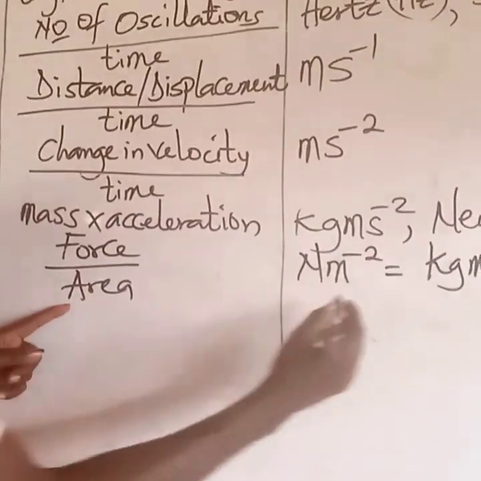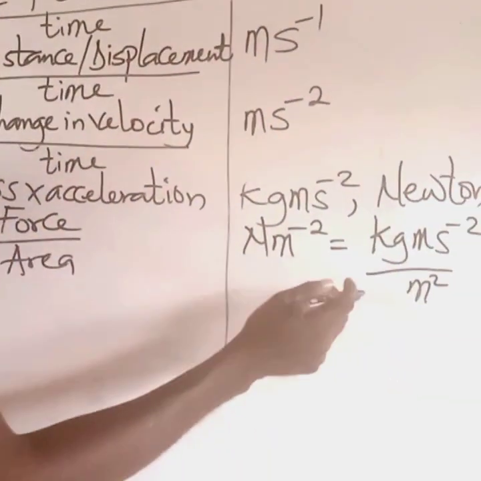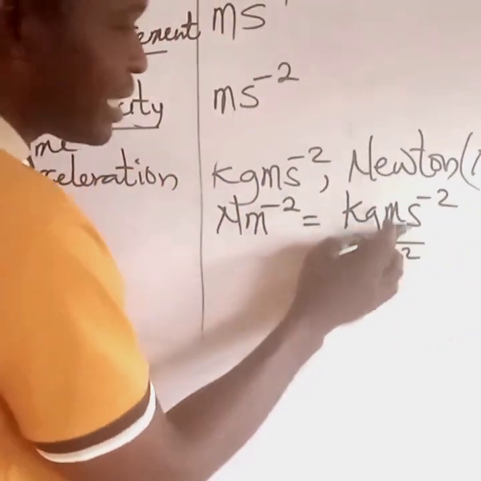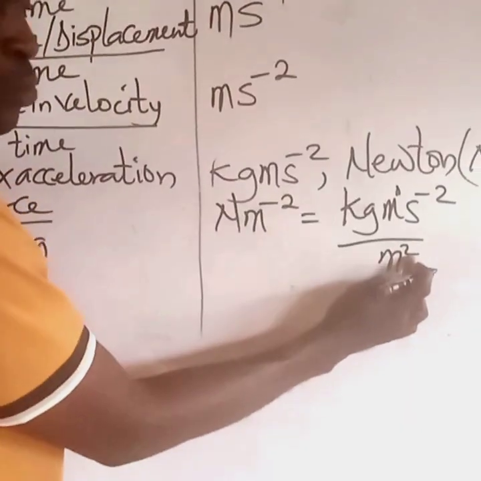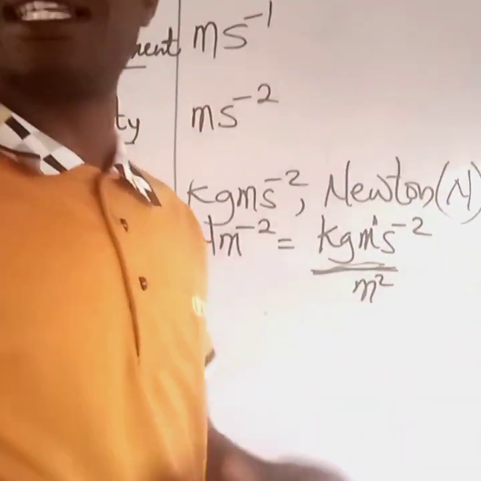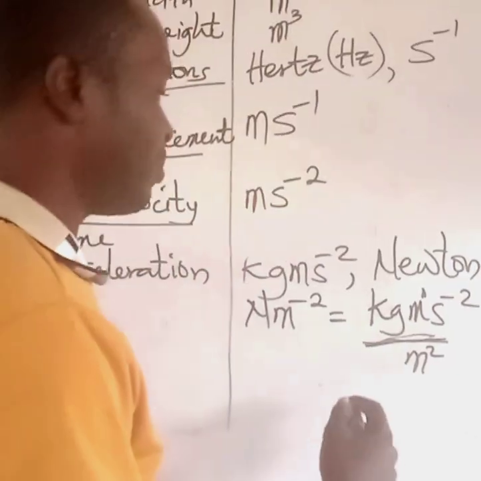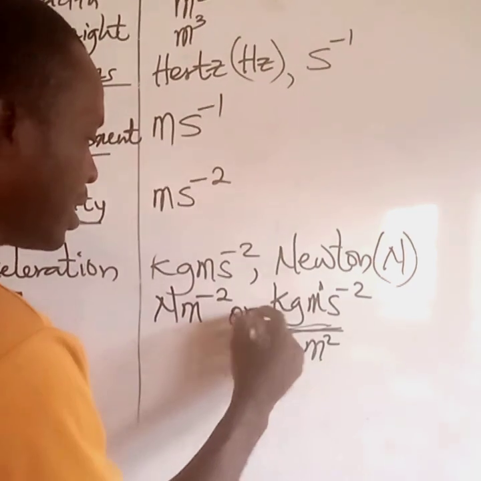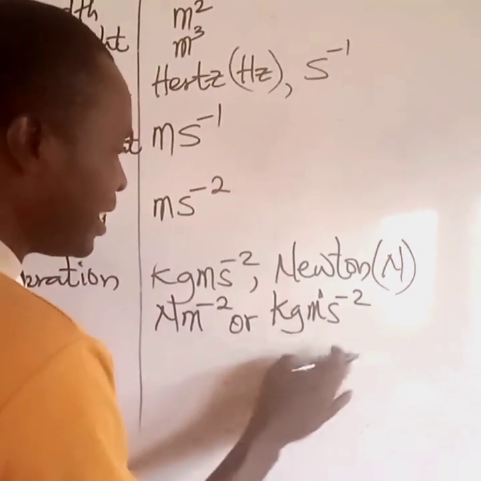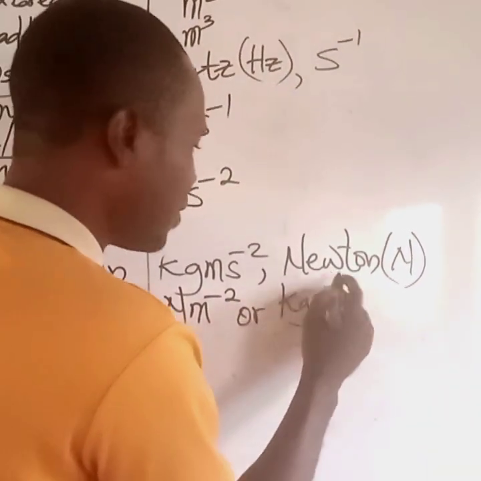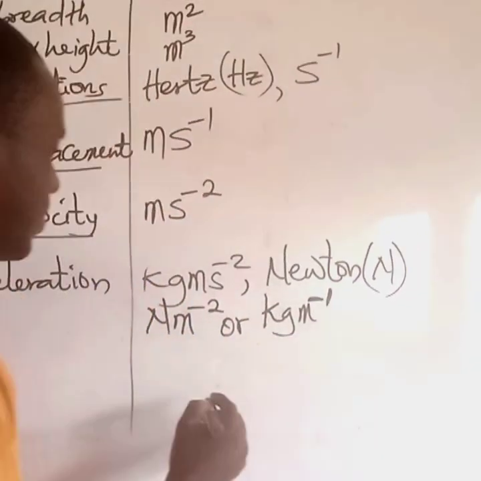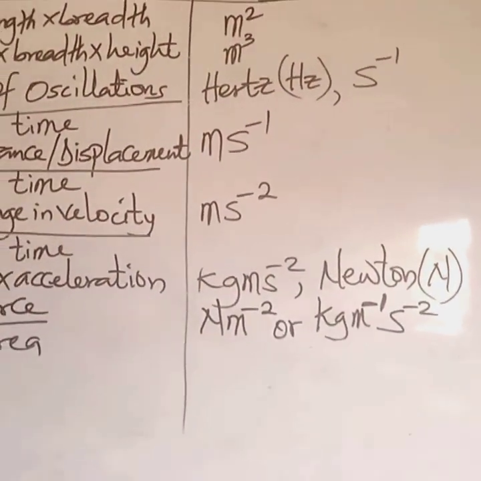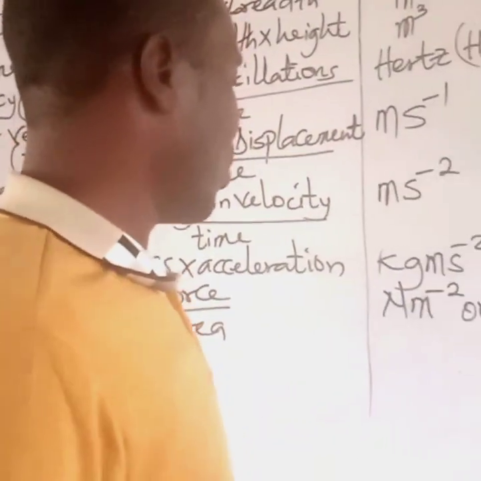The meter square below, in indices, comes as m to the power minus 2 because of this division. If you understand the concept of indices, you will understand what I'm talking about. So the unit of pressure will be kilogram per meter per second square, that is m to the power minus 1.